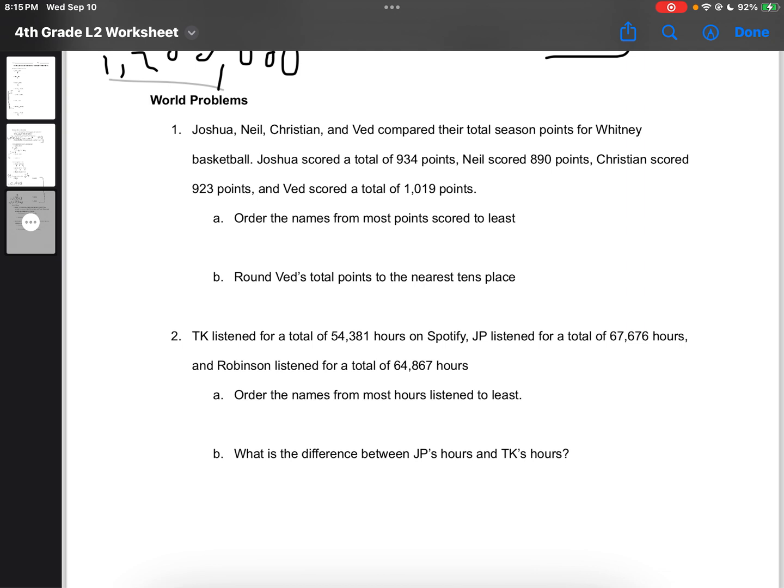Alright, so first we have Joshua, Neil, Christian, and Ved compared their total season points for Whitney basketball. Joshua scored a total of 934 points, Neil scored 890, Christian scored 923, and Ved scored a total of 1,019 points. Order the names from most points scored to least.